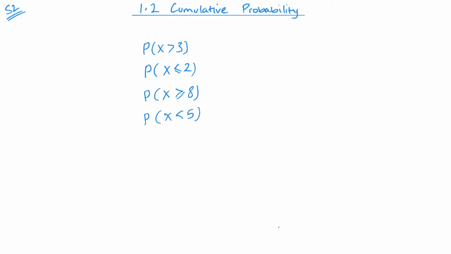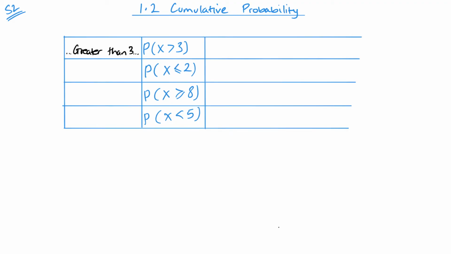These are the possible scenarios you're going to get, and sometimes you're going to have to think about the wording. The first one, probability where x is greater than 3, comes from the words greater than 3. The second one, less than or equal to 2, could be an at most 2, which would mean you're looking at less than or equal to 2, or no more than 2.